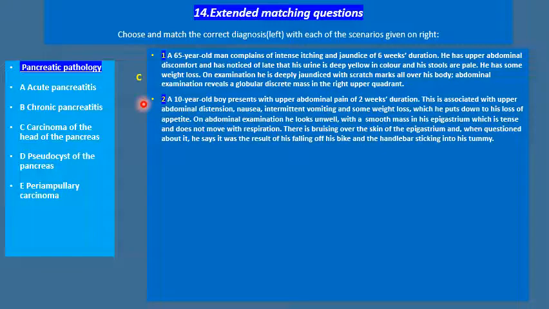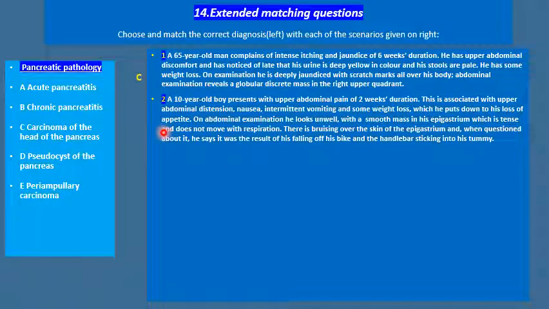Scenario number 2. A 10-year-old boy presents with upper abdominal pain of 2 weeks duration. This is associated with upper abdominal distension, nausea, intermittent vomiting, and some weight loss, which he puts down to his loss of appetite. On abdominal examination, he looks unwell, with a smooth mass in the epigastrium, which is tense and does not move with respiration.